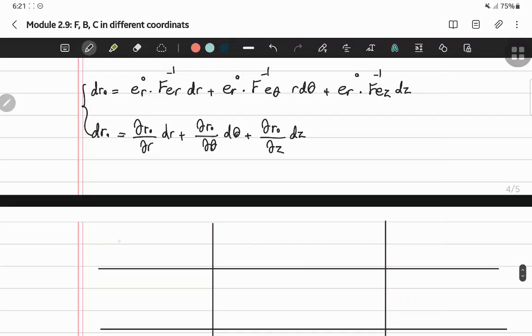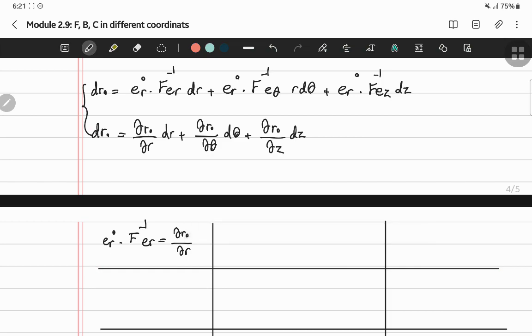So er0 dot f inverse er is equal to the partial derivative of r0 with respect to r in here.